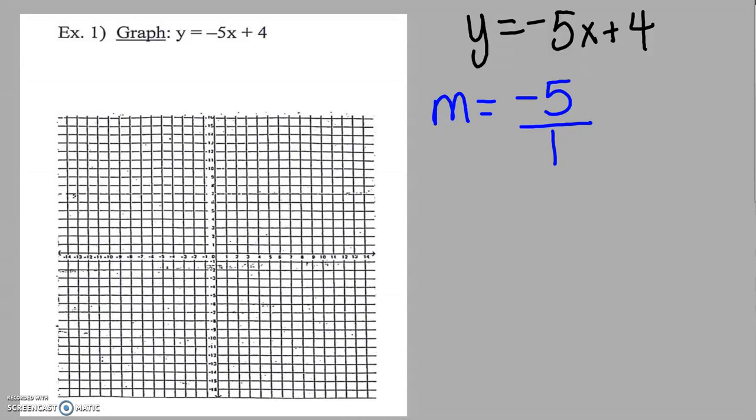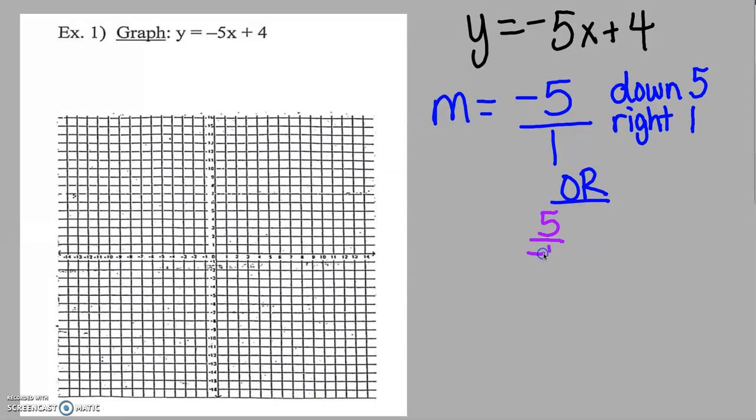Now, because this numerator is negative, then it means to go down 5, and then we're going to go right 1. Okay, remember we're using rise over run. And we can do the opposite. All right, so the opposite would mean that I'm actually going to put the negative with my denominator. And then I would go up 5 and left 1.